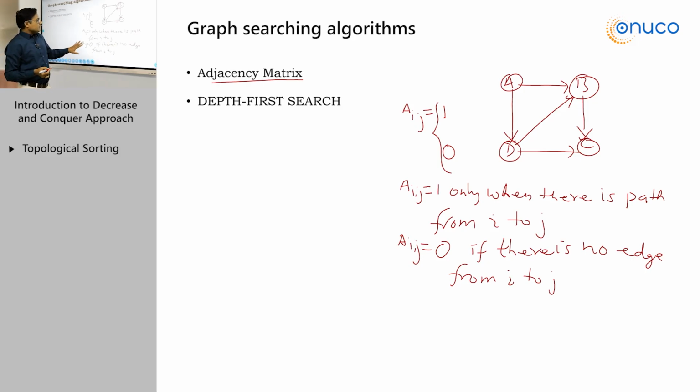So there are two ways: either you write 1 or you write 0, depending on whether the path is there or not.